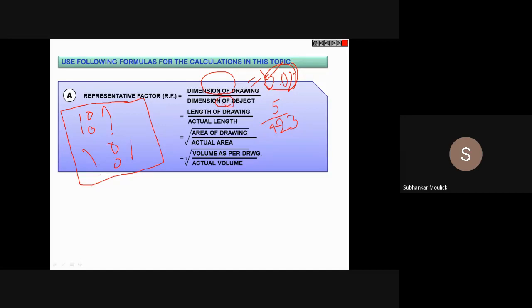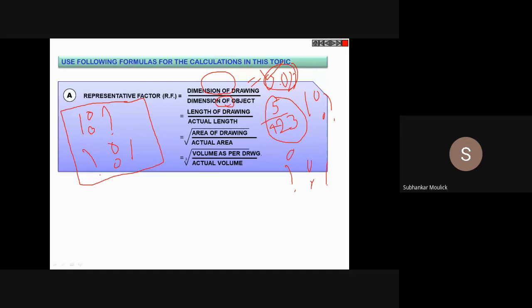So always remember, RF is never expressed in terms of point. It is represented either in terms of 1 is to something or something is to 1. That means you need to convert this value after calculation, either 1 is to something or something is to 1. Is it understood? Any doubts so far?